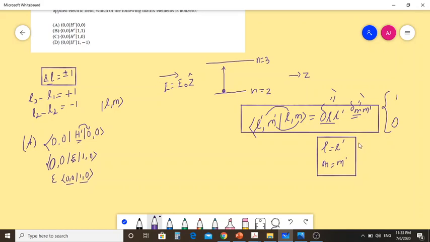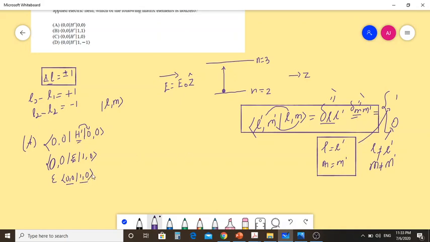If L is not equal to L prime, or M is not equal to M prime, or one of them or both of them are not equal, it doesn't matter, the result is 0. This is the meaning of the Kronecker delta. So you have to put this equal sign here.